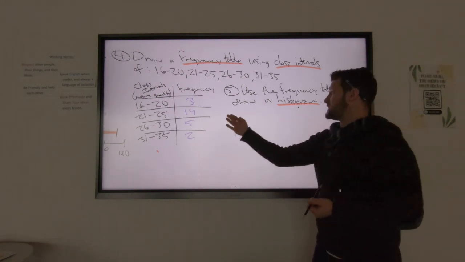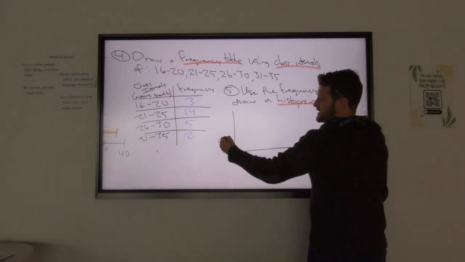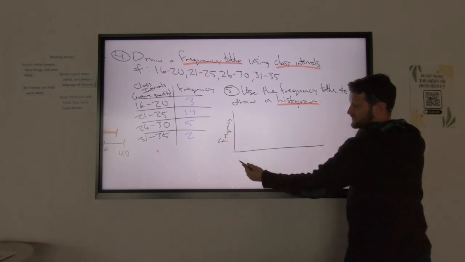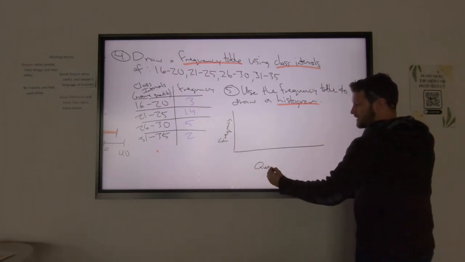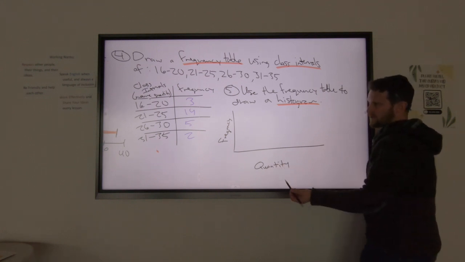So in our case, this is a histogram because we're going to have frequency here, and then those class intervals, like whatever this name is, this is our quantity. Whether it's like height in centimeters or whatever, it doesn't matter.